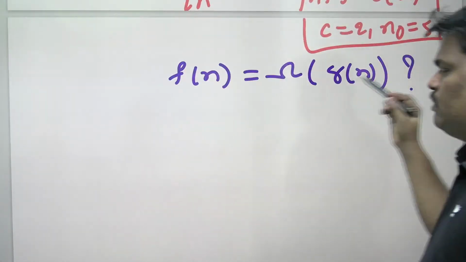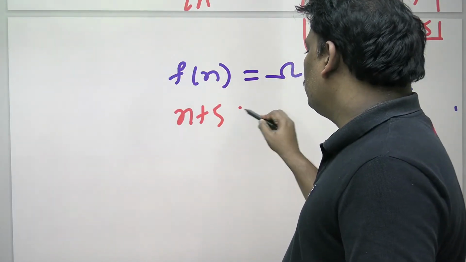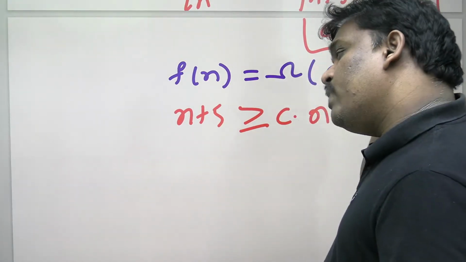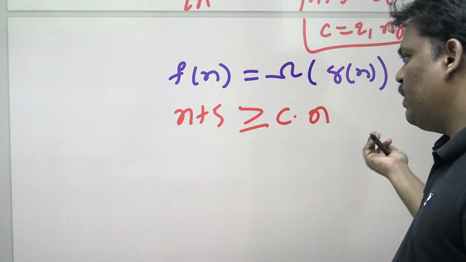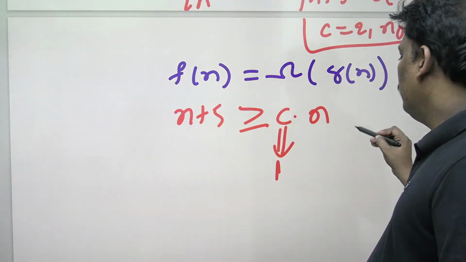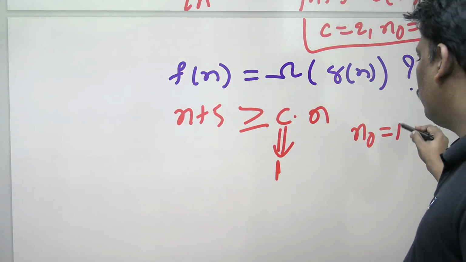Let's try this. Listen everyone now, this is n plus 5. Omega means greater than or equal to some C into g of n, which is n. To be frank, left or right, which is bigger? Left is bigger. I also want left bigger. So C value is 1. What is the n0 value? From which place onwards is it working? 1 onwards.